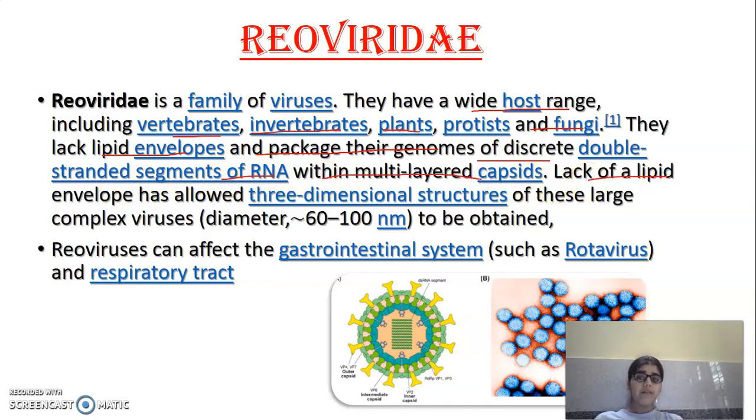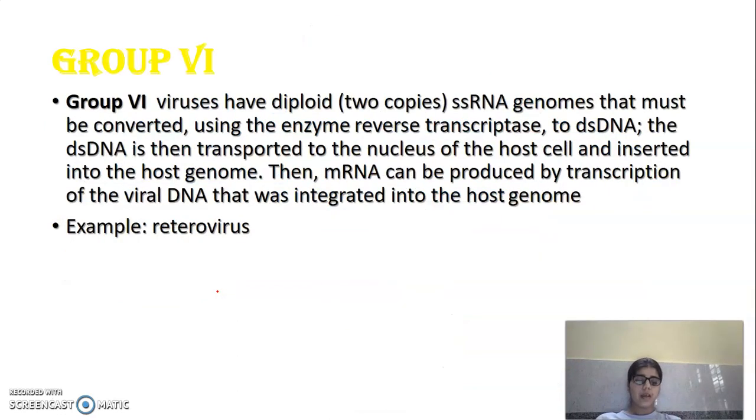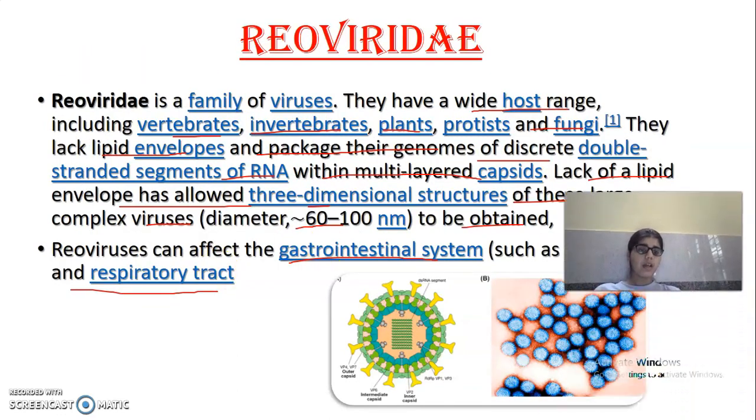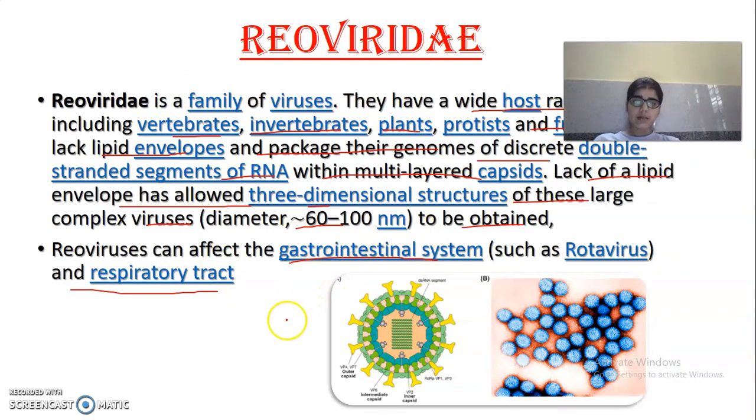Lack of lipid envelope has allowed 3D structures of these large complex viruses, which are nearly 60 to 100 nanometer in diameter, to be obtained. Reoviruses can affect the gastrointestinal system, such as rotaviruses, and respiratory tracts, and Reoviridae look like this.